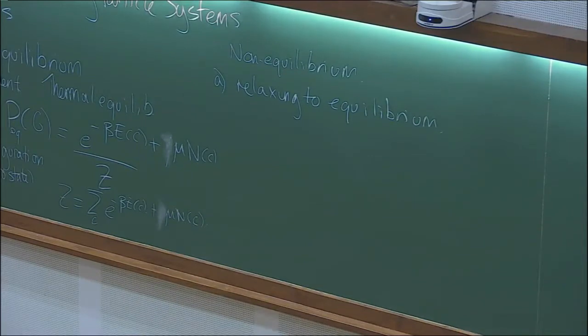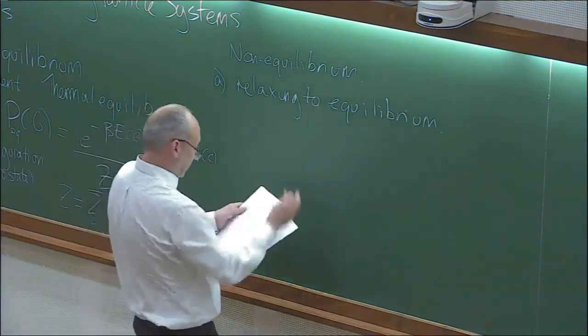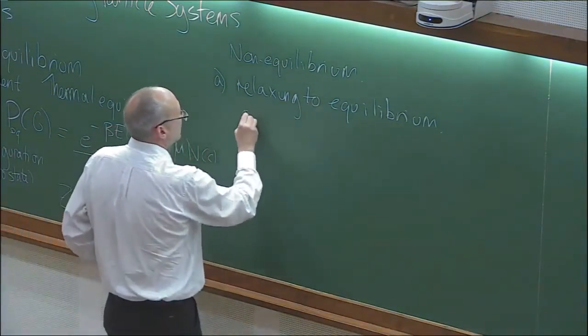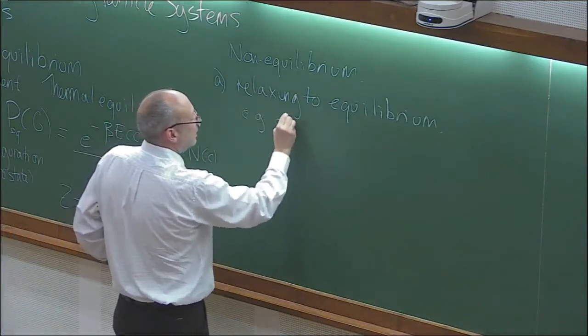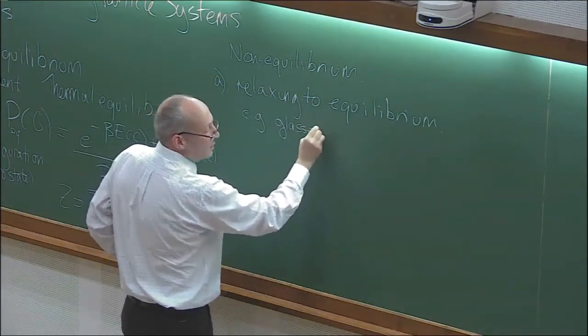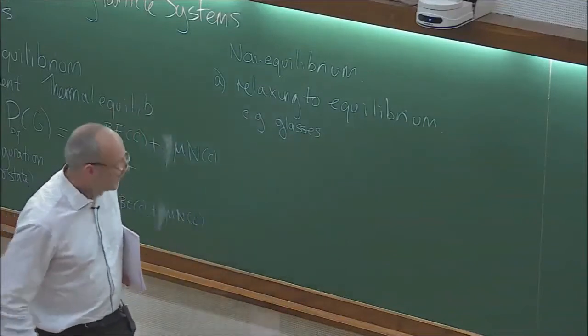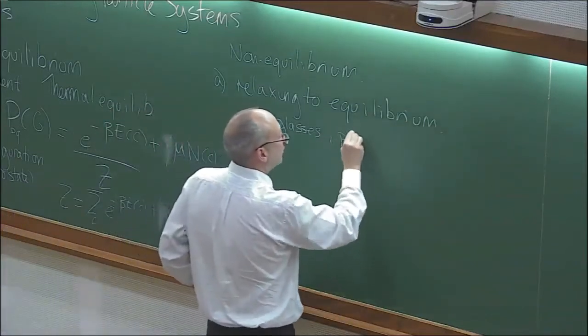It's always stuck in liquid-like configurations. That's what a glass is. It never actually gets to equilibrium. It very, very slowly evolves. Also, we can have phase ordering dynamics, where we want to get to the equilibrium state, let's say an ordered state, and the ordering process is quite slow due to some conserved quantities. So that could be of interest, the relaxation to equilibrium. The examples I mentioned there are glasses, with very, very slow relaxation, or phase ordering dynamics.